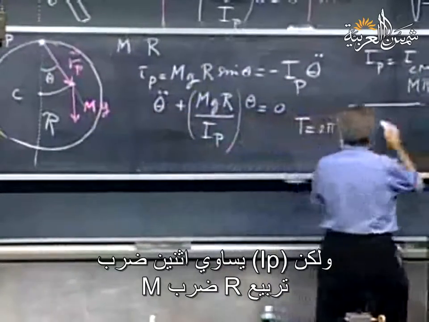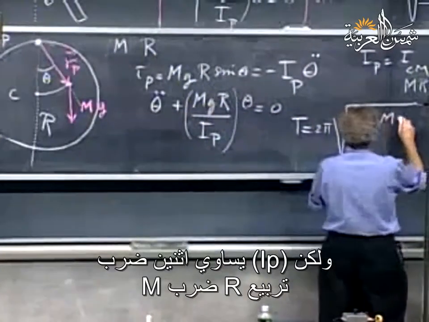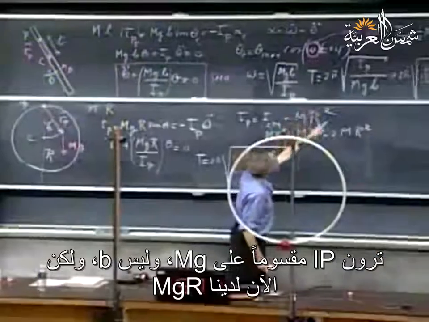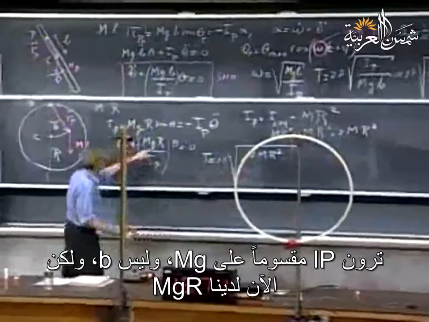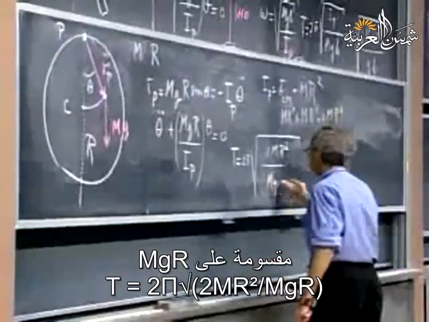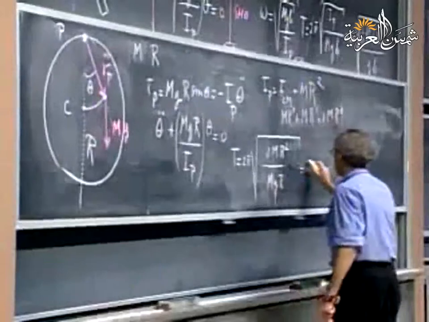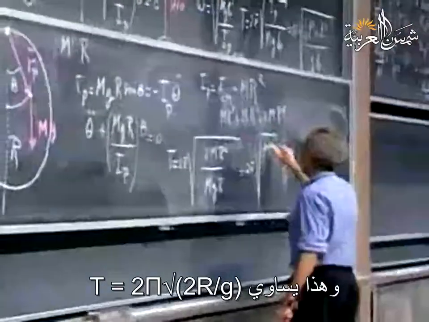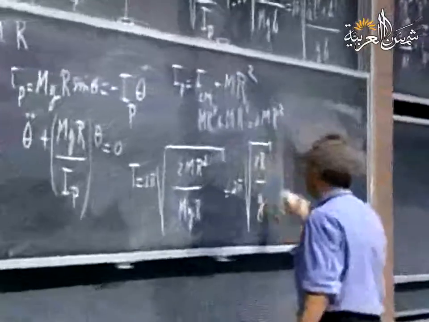But I_P is 2mr squared. You see, I_P divided by mgr, and that is 2 pi times the square root of 2r over g.